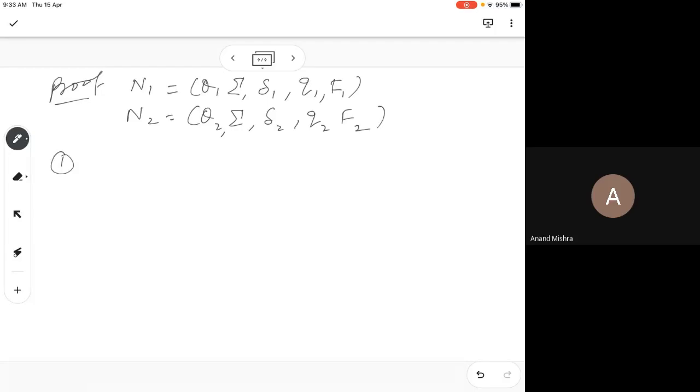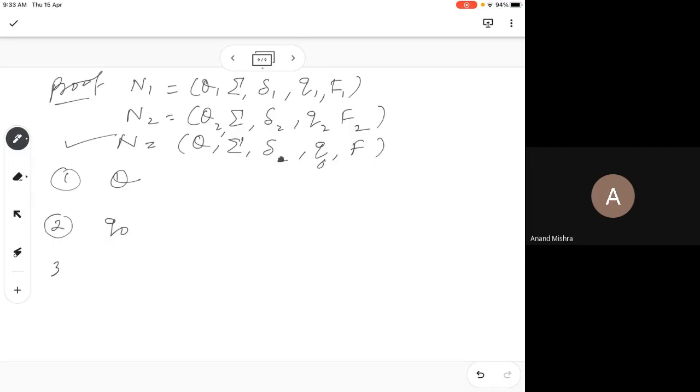Now we are constructing N, which is Q, sigma, del, q0 and F. What will be Q? What will be q0? What will be F? And what will be delta?